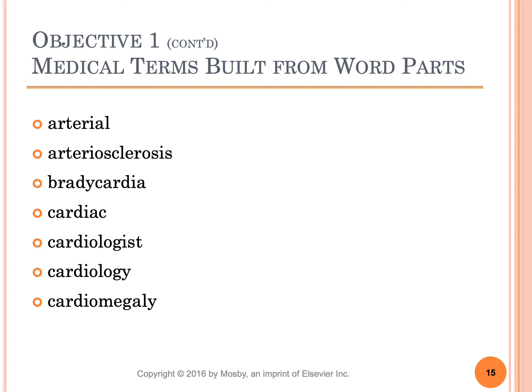And then lastly on this slide, cardiomegaly. Do you remember what megaly means? If you said hardening, or if you said enlargement of, you would be correct. So this would be enlargement of the heart.